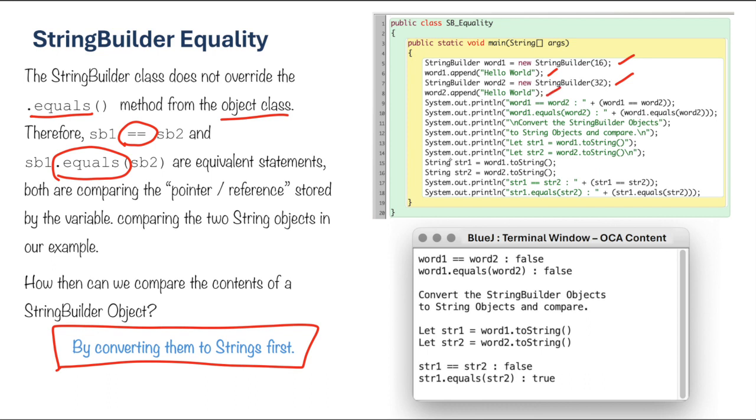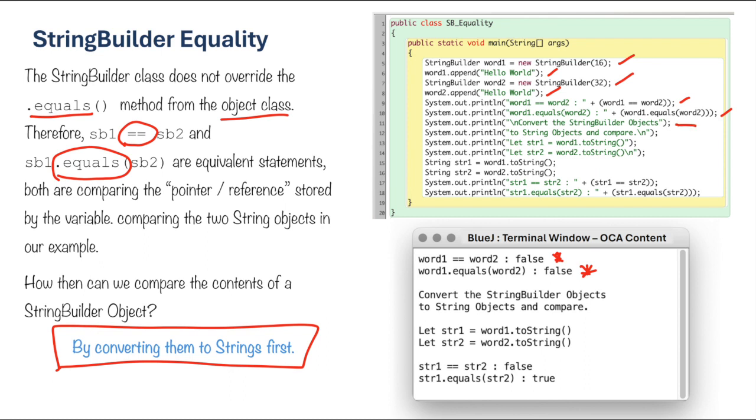And if we compare word1 to word2 with double equal signs, it's going to print out false. And if we compare word1 to word2 with the .equals method, again, it prints out false. It doesn't work the same way as the String class because StringBuilder did not override the .equals method, so it only compares pointers or references between the objects.